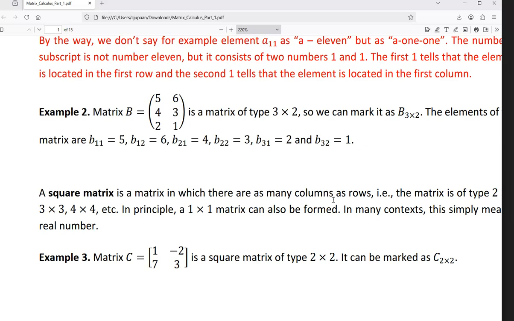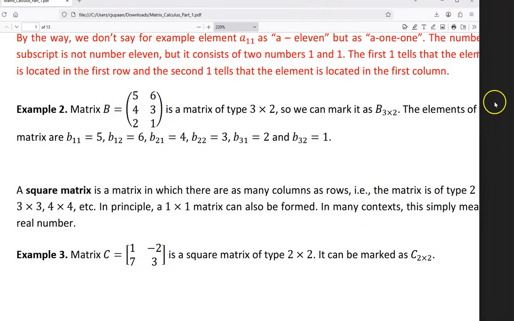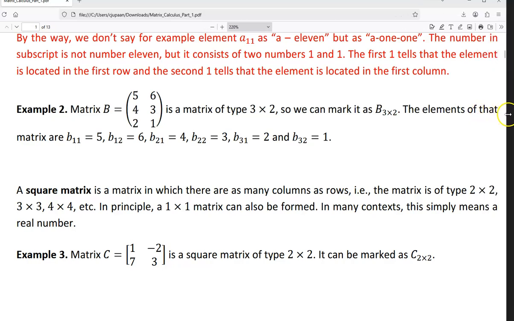So there are exactly the same number of rows as there are columns. These square matrices can be 2 by 2, 3 by 3, 4 by 4, etc.